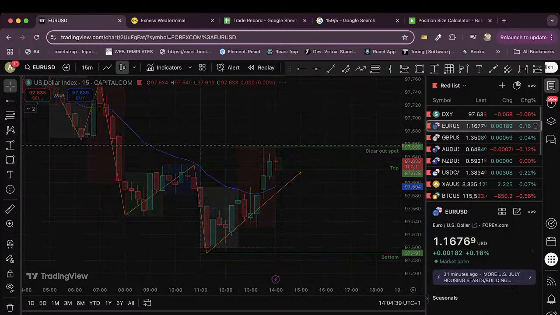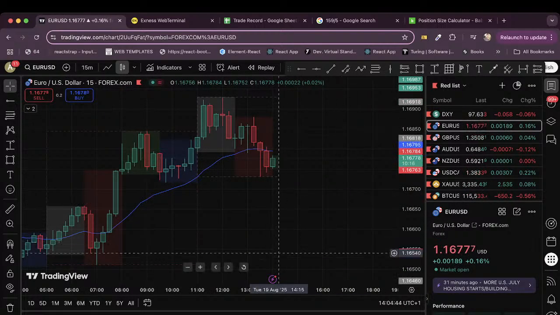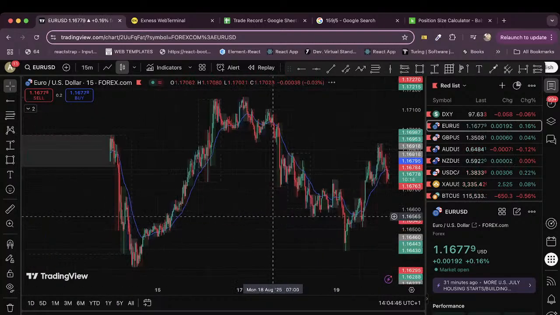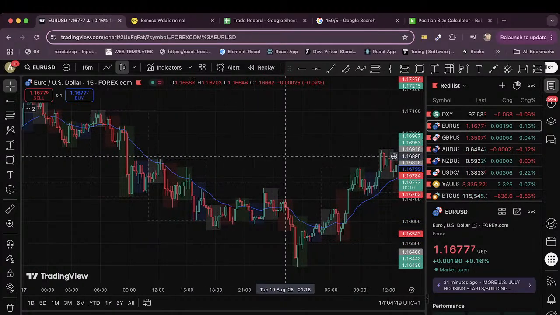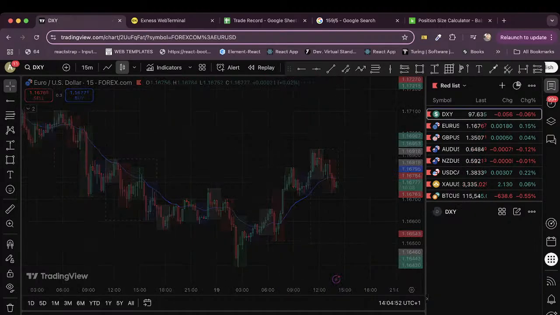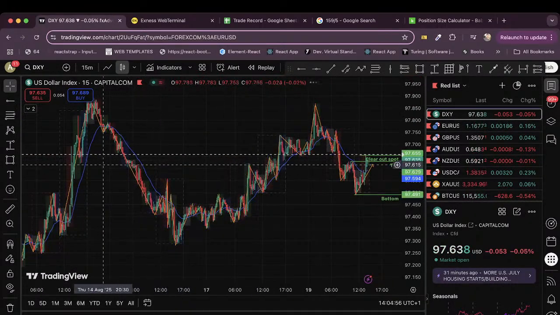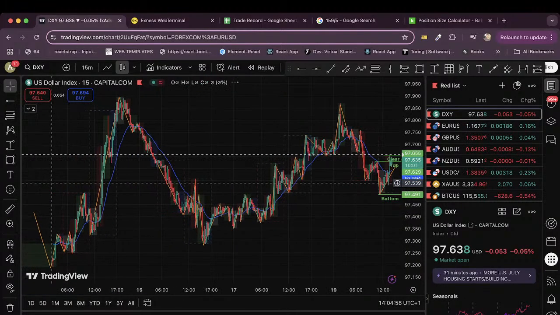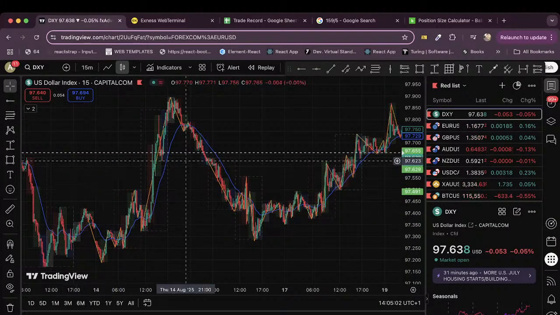Let's get to Euro USD, to the next guy. So on Euro USD, we'll do similar thing as we did on British Pound USD, but this time around we might not go so backwards, because already you can see we started our drawing from last week Wednesday.